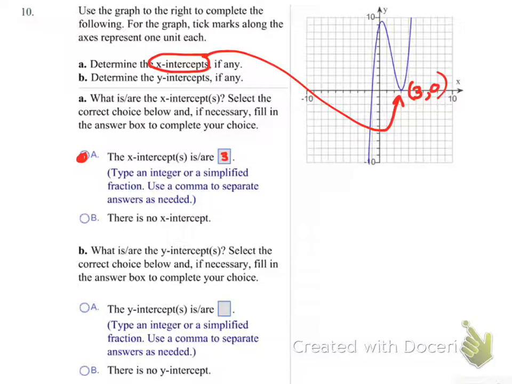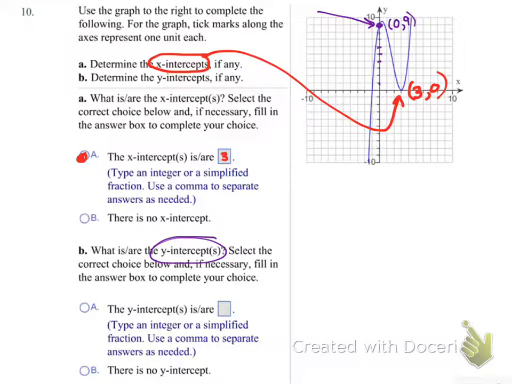Now we are supposed to find the y-intercept. And we know that the y-intercept occurs when the graph intercepts the y-axis, which is this point here, which is 1, 2, 3, 4, 5, 6, 7, 8, 9. This is 0, 9.